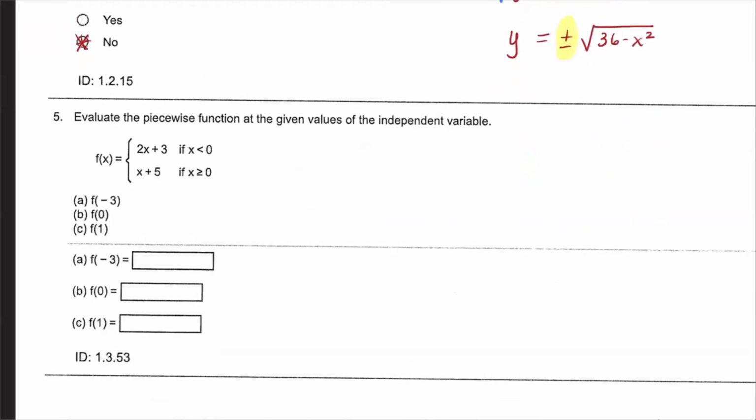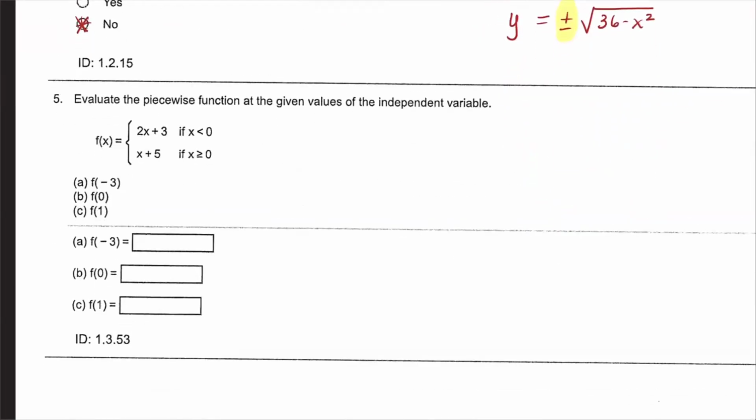Number 5 says to evaluate the piecewise function at the given values of the independent variable. We have two pieces for this function: 2x plus 3 if x is less than 0, and if x is greater than or equal to 0, we're going to use x plus 5 as the function.